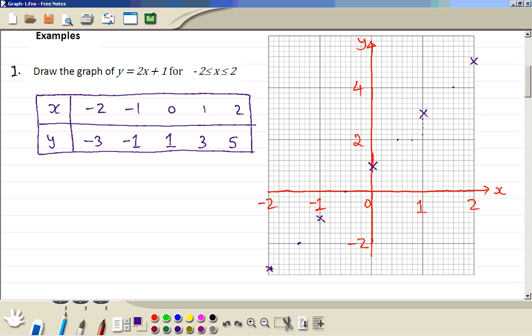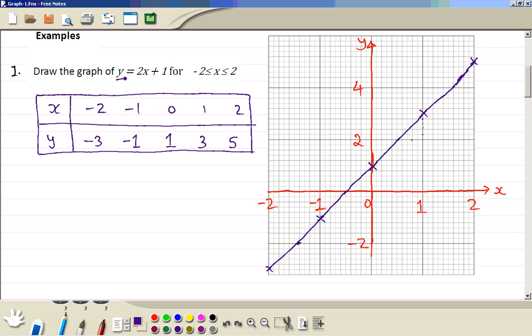Normally you would draw with a ruler. Now I'll try my best to make it look as straight as possible. So far so good. And finally, we get that. So this is the straight line.